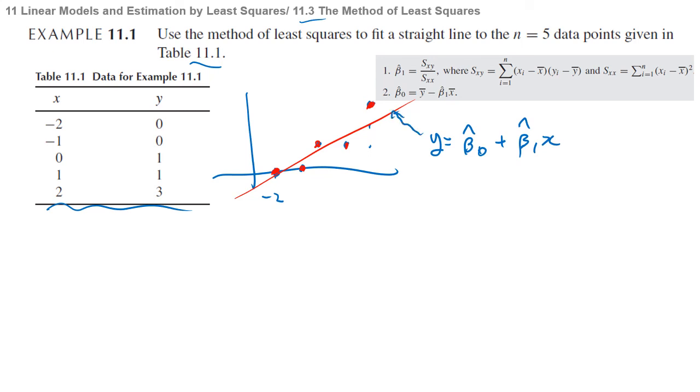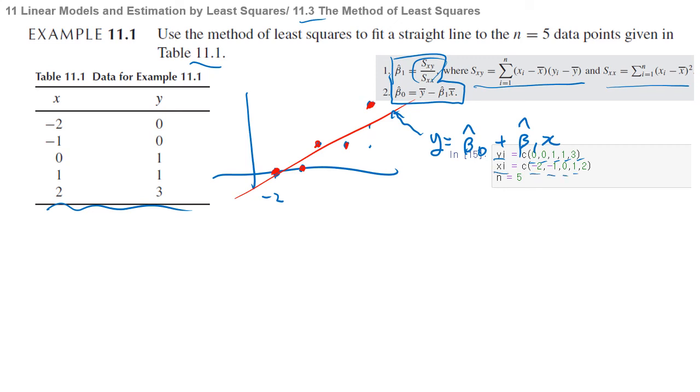This line would be this one, and using the derivation from chapter 11.3, you have equations of these. So you first calculate Sxy and Sxx and put it this way, and you can use R to calculate this. So you can specify yi as 0, 0, 1, 1, 3, and also you can specify xi as -2, -1, 0, 1, 2.